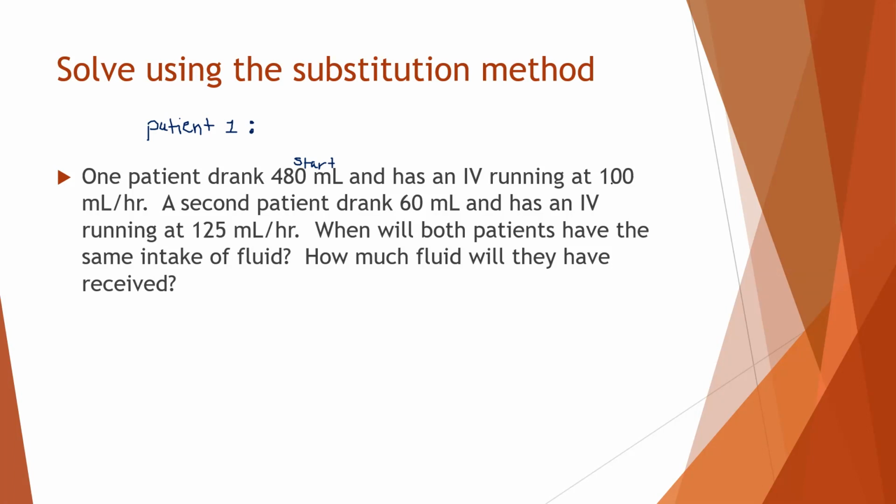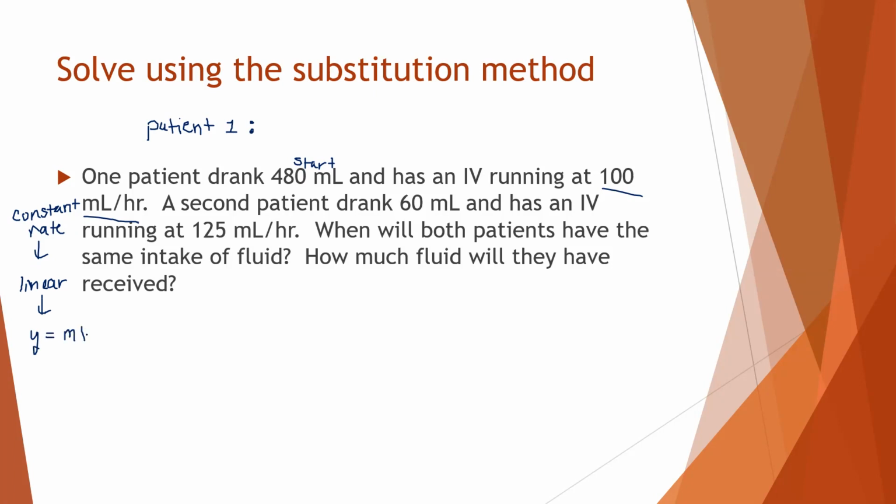I see they have an IV running at 100 milliliters per hour. This is a constant rate. I know that constant rates go with linear equations. So in my mind, I should be writing a y equals mx plus b equation for this scenario.